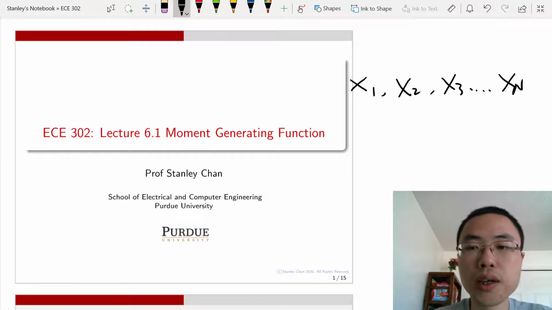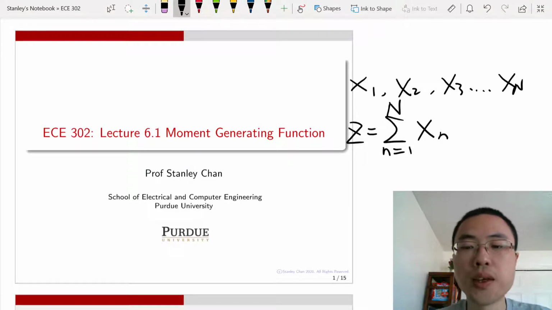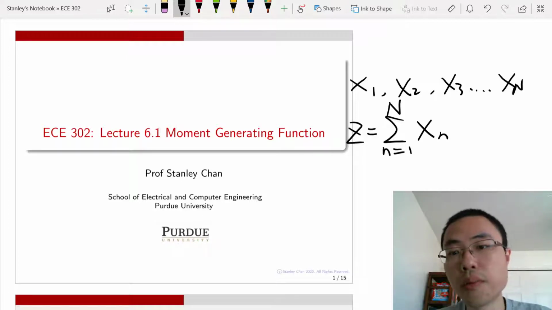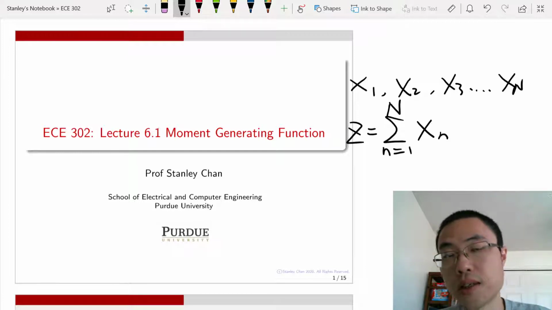If I tell you that I want to look at the average, which means that I want to define a new random variable Z, which is the sum of all these n random variables, and I ask, what is the PDF or PMF of Z?